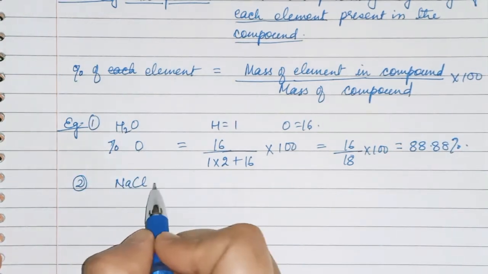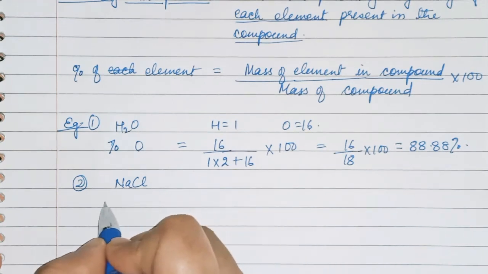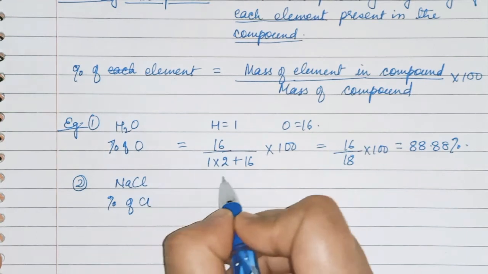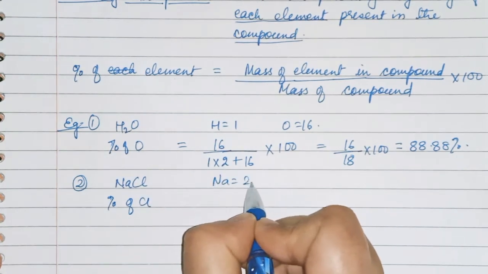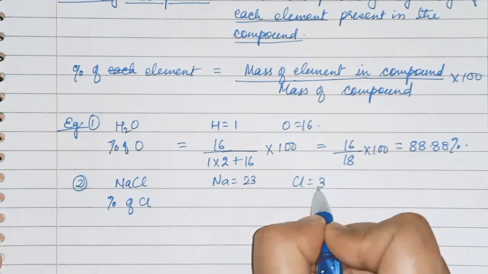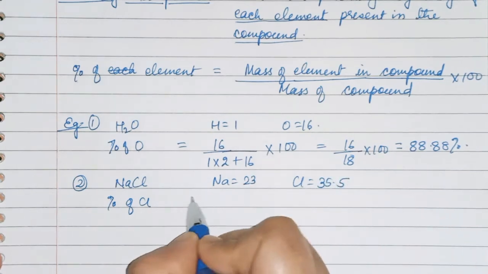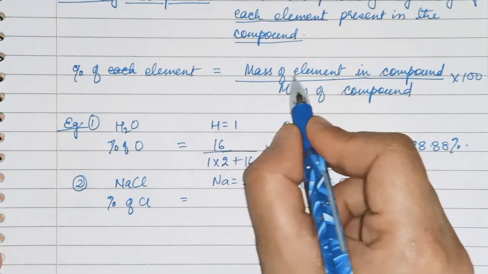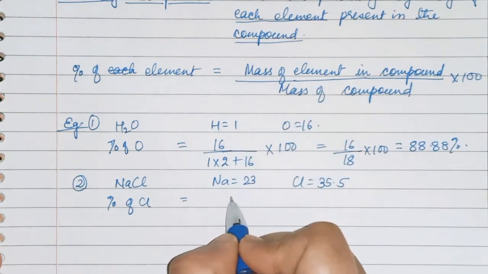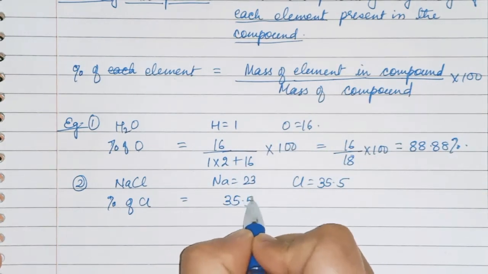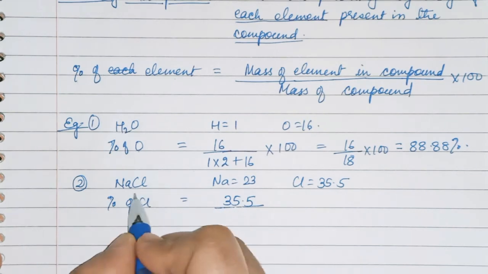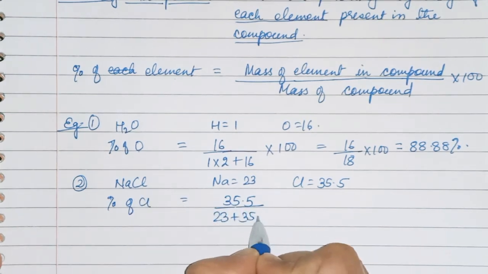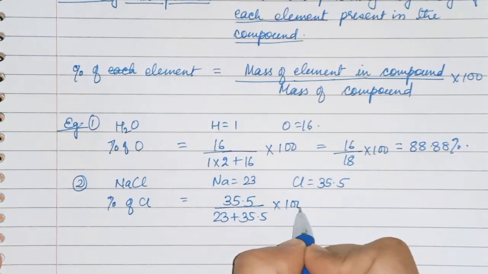Now let's take another example of sodium chloride. You have to calculate the percentage of chlorine. Sodium atomic mass is 23, chlorine is 35.5. Percentage of chlorine in the compound: you have to write mass of element in the compound, that is 35.5 only, because one atom again is here, upon 23 plus 35.5 into 100.